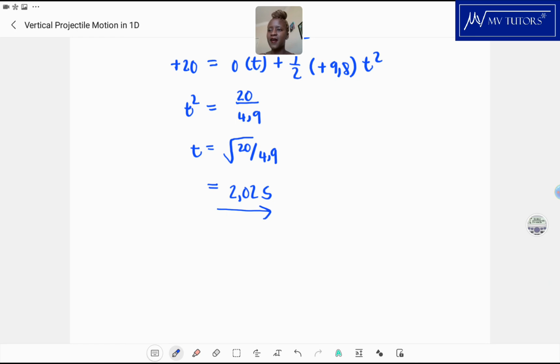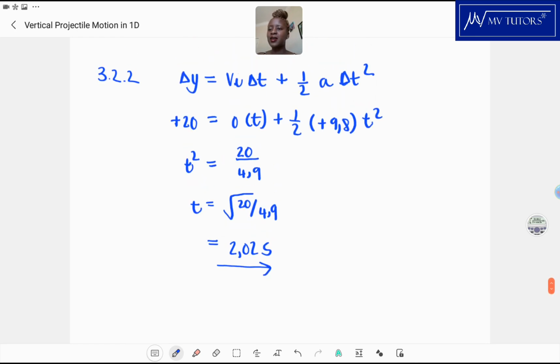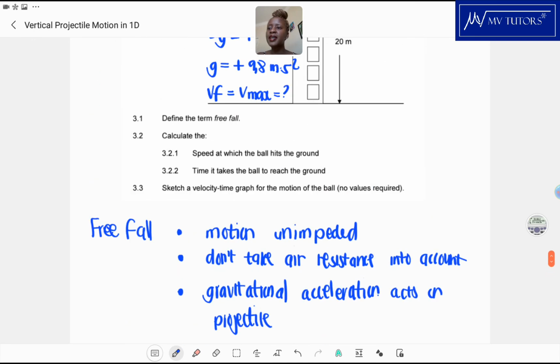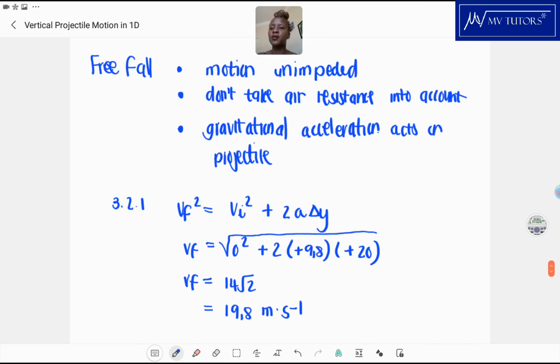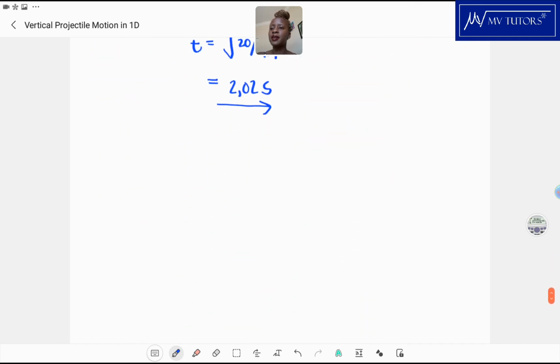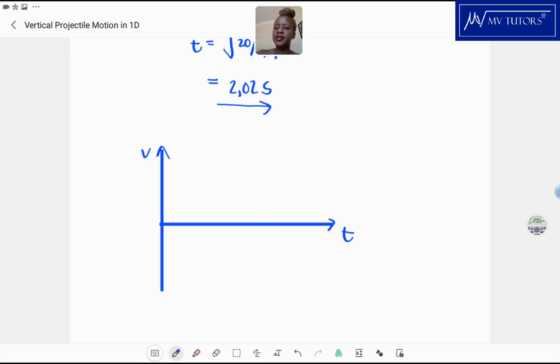Okay, yeah. And then the last question says, sketch a velocity time graph for the motion of the ball. Okay, so basically, we have our velocity, we have time. So this had an initial velocity of 0. Okay, and we are taking downwards as positive.